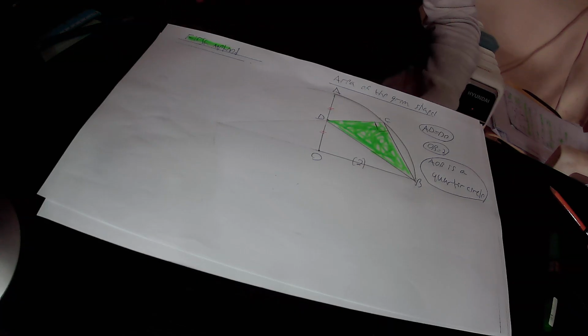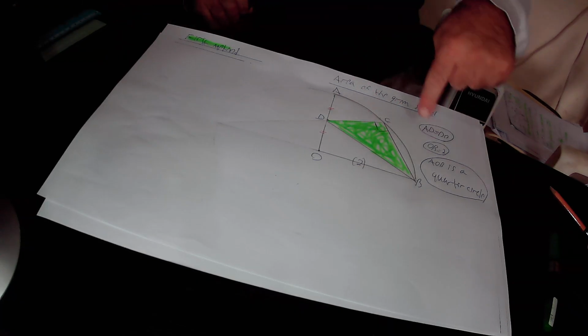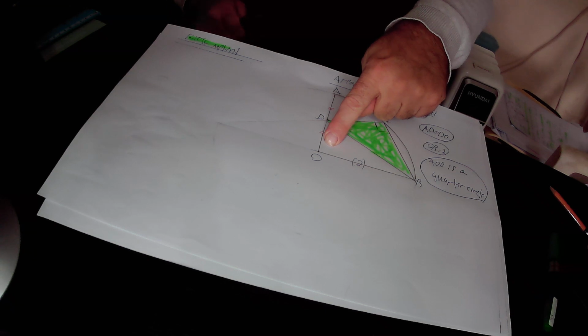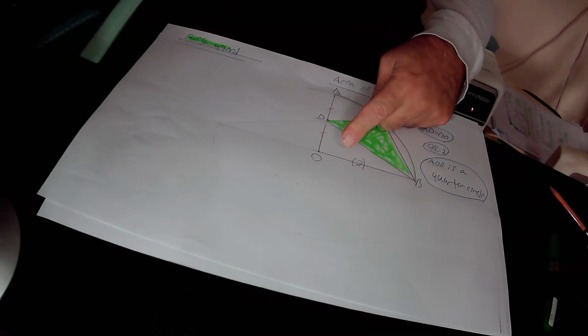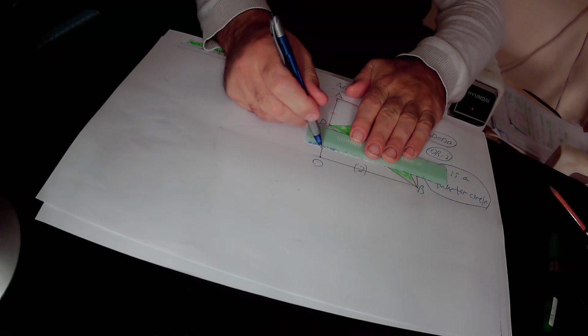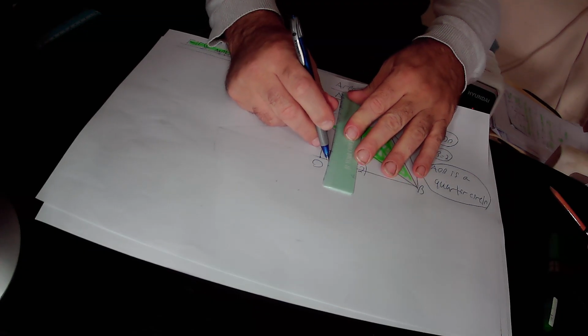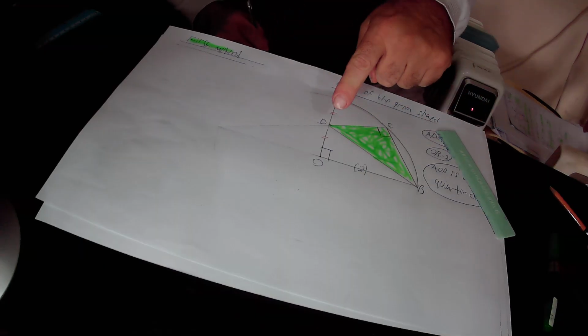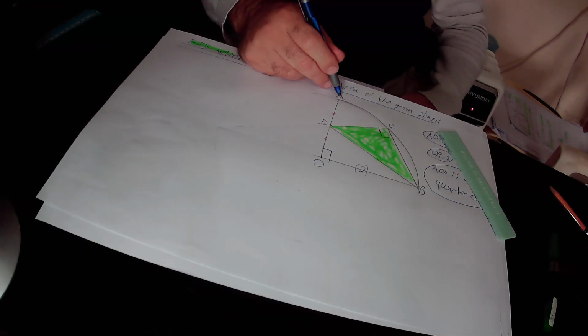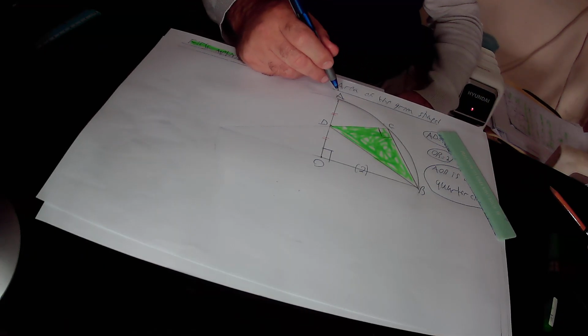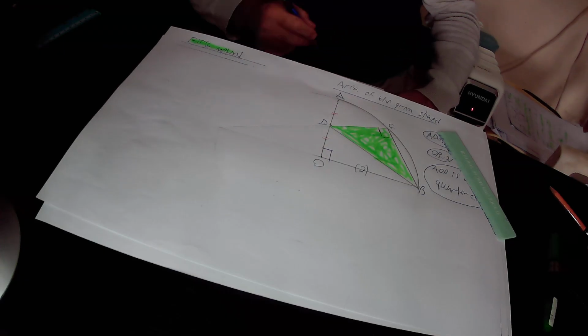First of all, AOB is a quarter circle, and therefore angle AOB is a right angle. In addition, BO and OA are both the radius of this semicircle and of this quarter circle.